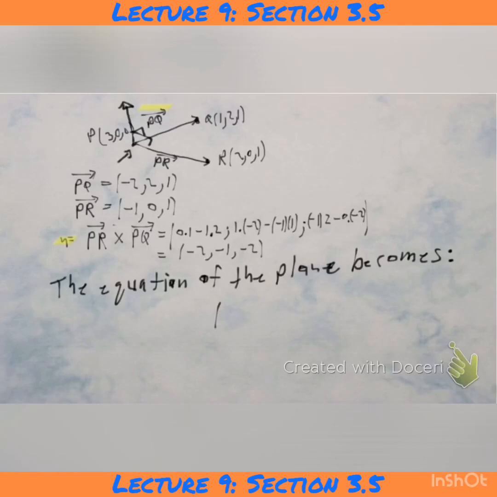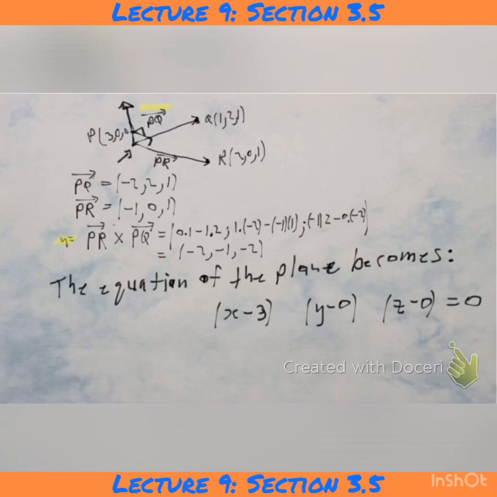So you're going to have the starting point x minus 3, you're going to have y minus 0, and you're going to have z minus 0 is equal to 0.